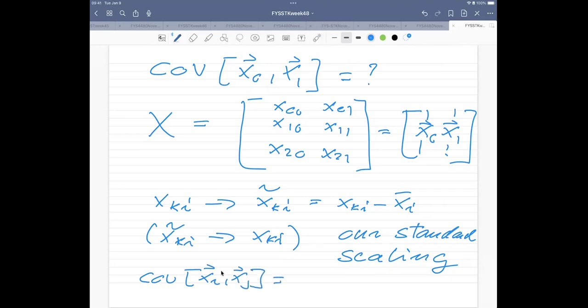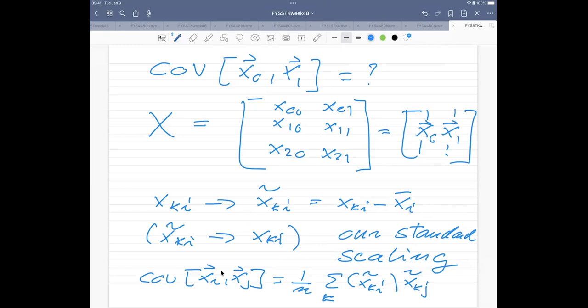This is defined as 1 over n, and this is a sum over k, and then I have this x_ki multiplied with x_kj here. And these are these scaled numbers, okay? I'm taking away the tilde here.